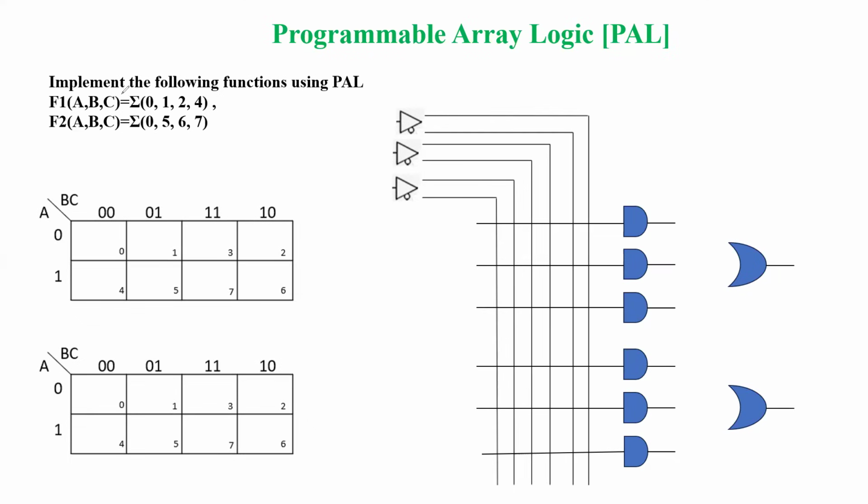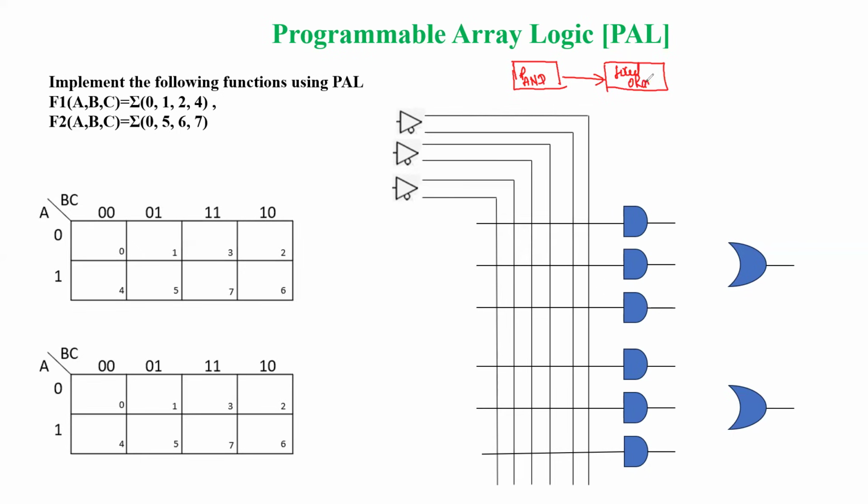In the case of programmable array logic, if you're able to recall the block diagram, you see that we have a programmable AND array, whereas the next one is the fixed OR array.